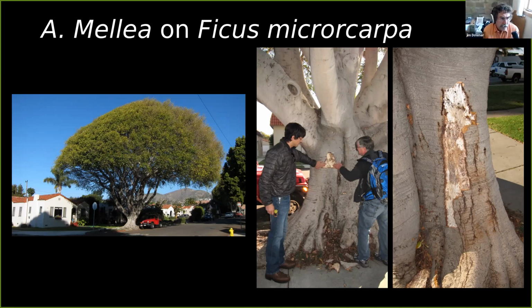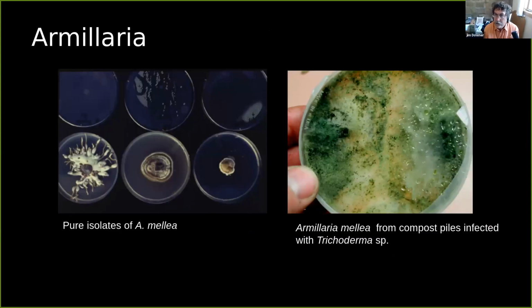And so we know from research I did over the years in Ventura County on survival of pathogens in yard waste mulches that Armillaria mellea is absolutely annihilated by Trichoderma. Trichoderma is this green thing in the Petri plate.